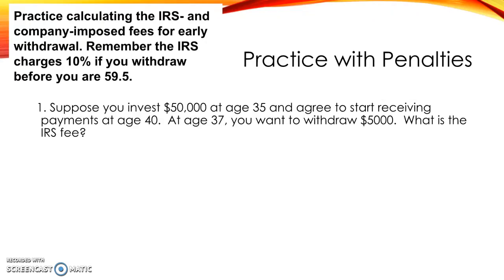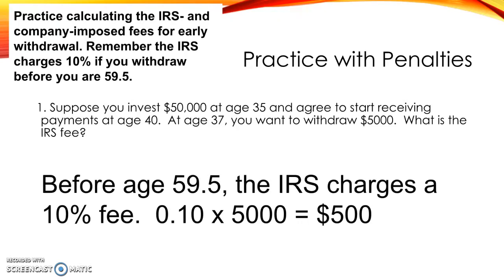Now notice up at the top there, remember the IRS is going to charge 10% if you withdraw your money before you are 59.5 years of age. So to calculate the IRS fee, you would find 10% of $5,000, which would be $500. That would be the IRS fee.